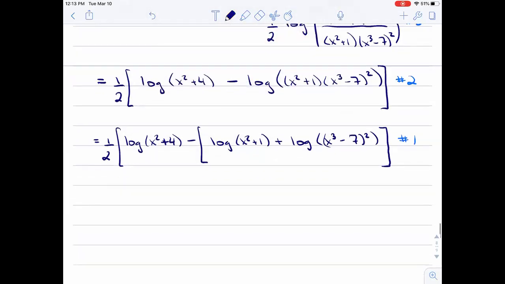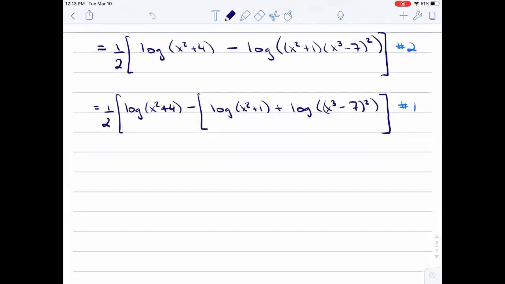Okay. There's nothing I can do on the x squared plus 1 inside the log, right? I'm done. But there is something: I could bring that power of 2 down in front, and then I would be done after we simplify. But let's see here.